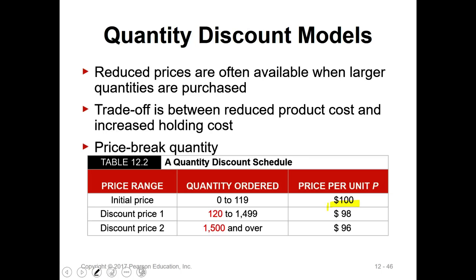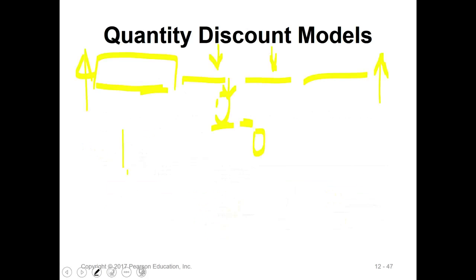But if you order something larger than 119, in this range, you are going to pay the reduced price, $98 per unit. If you order even more, bigger than 1,500, then you can take advantage of an even lower price. This red number over here, 120 and 1,500, we call the price break quantity. Price break quantity means you reach the minimum level to use the discounted price. So how can we do that?